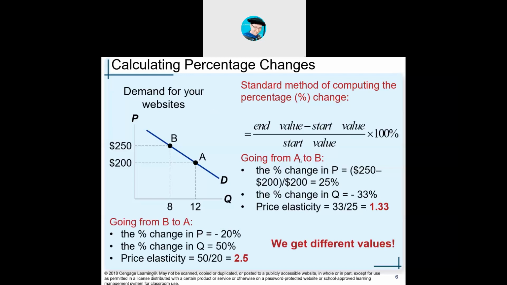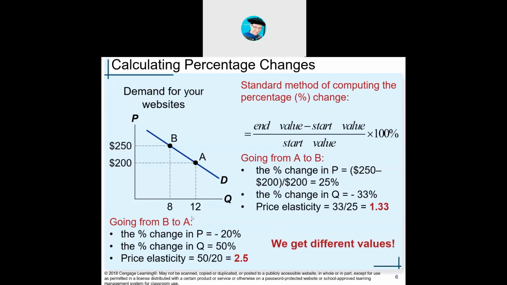And to drop the negative, you just switch the sides. So what we see here is, if we go from A to B, in other words, we're raising our prices, the price elasticity is 1.33.